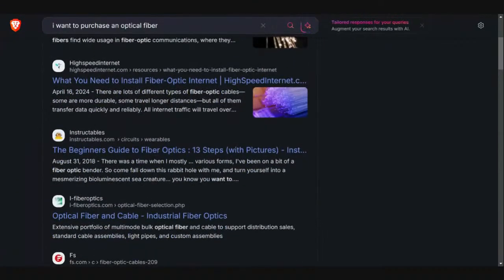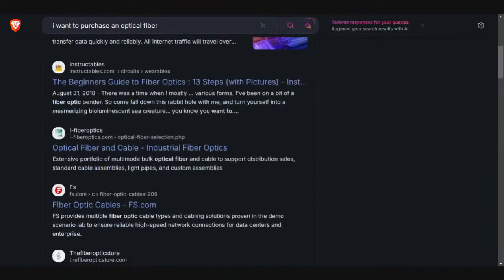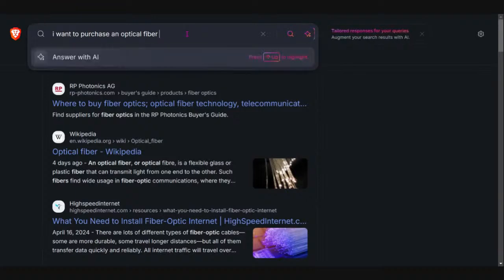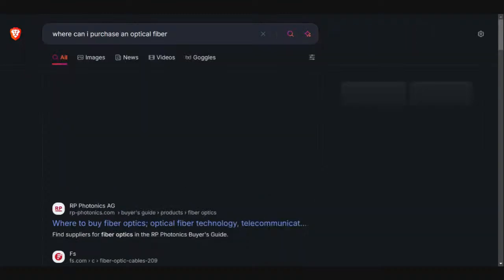No, I don't want to install beginner's guide. Optics. What is this? Google Glasses. Where can I buy? Where can I purchase an optical fiber?